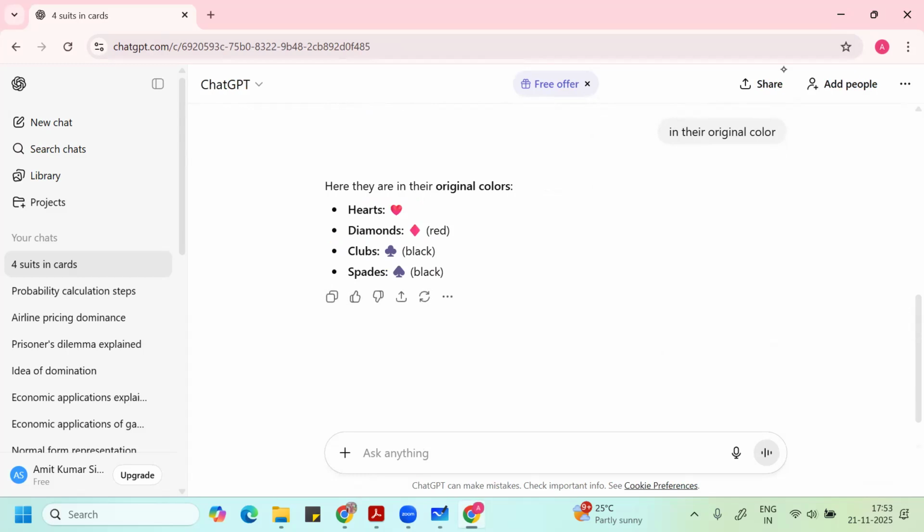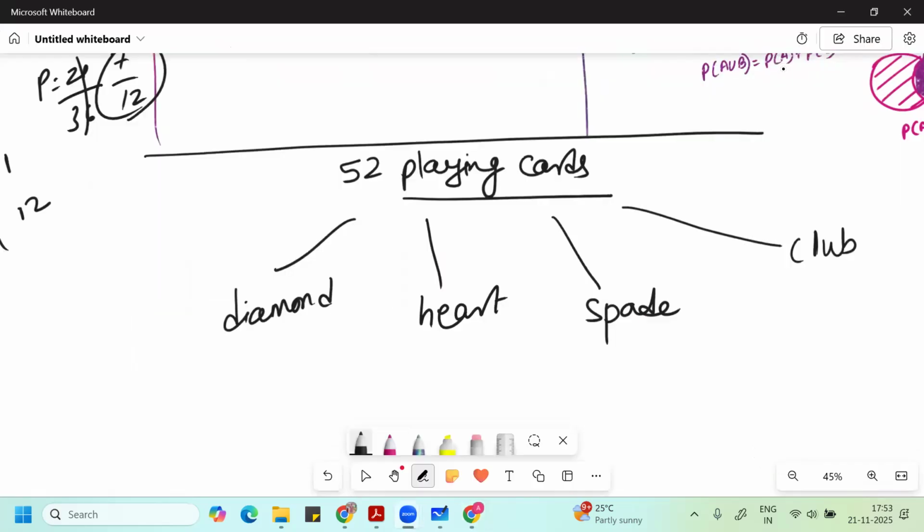Yeah, so you can see you have four suits. You have heart, which is red in color. You have diamond, which is again red in color. You have club and spade, and club and spade are black in color.